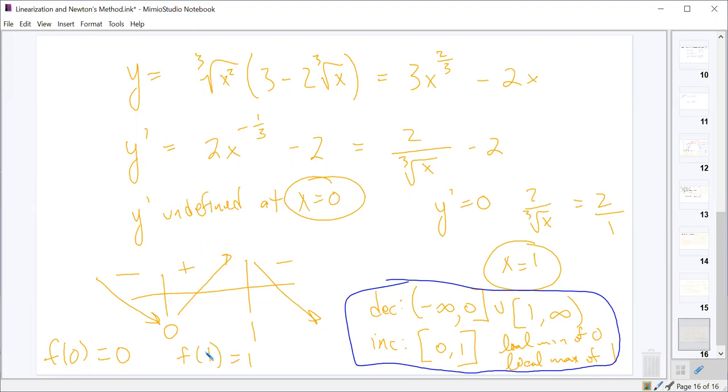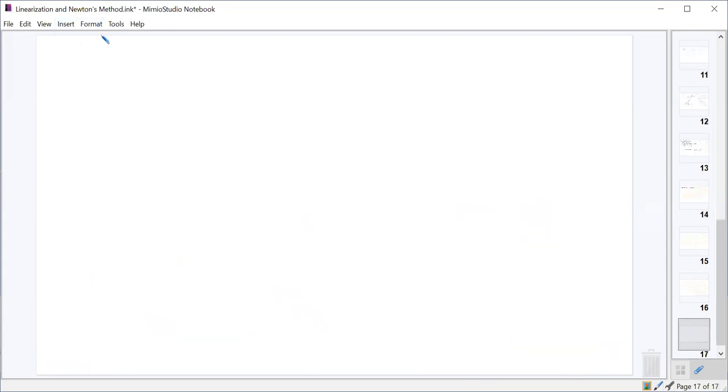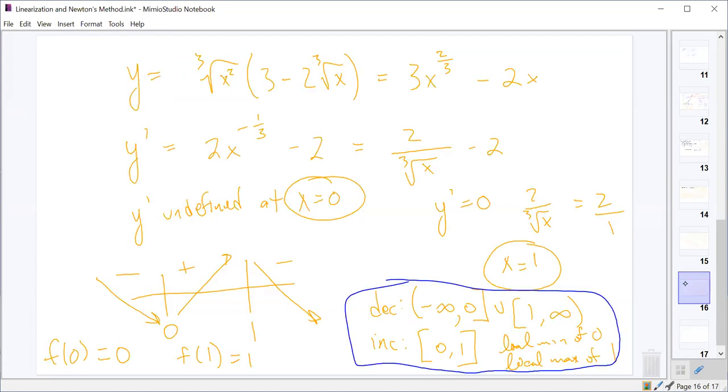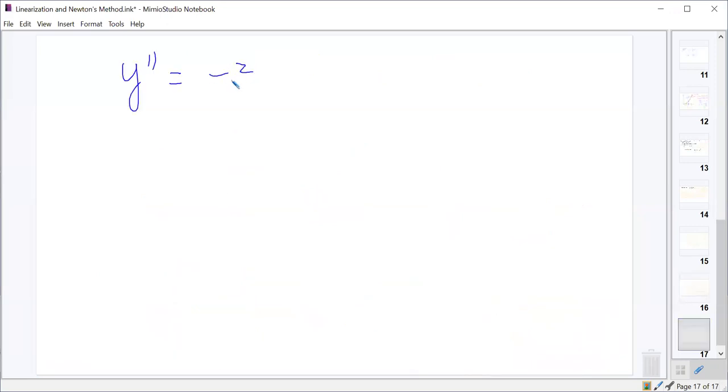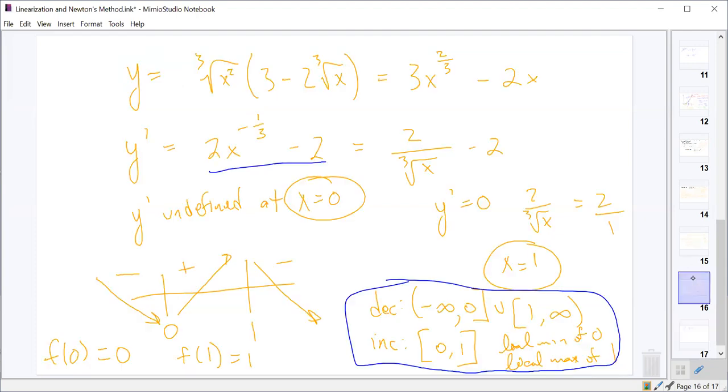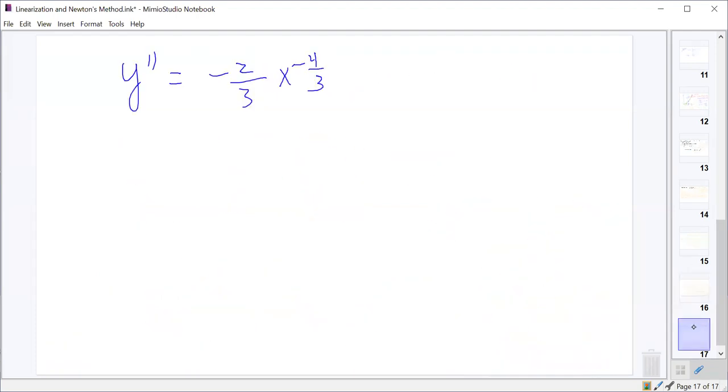So then we need to find a second derivative. So we'll take the derivative of our first derivative, y double prime. So 2x to the negative 1/3 becomes negative 2/3 x to the negative 4/3. And the minus 2 becomes just a 0.